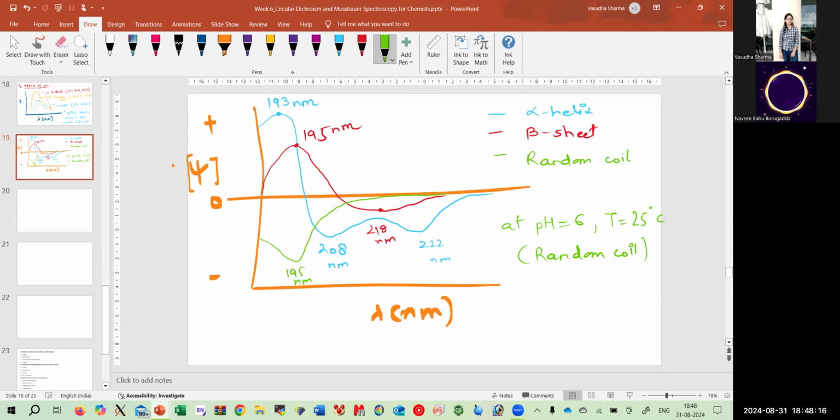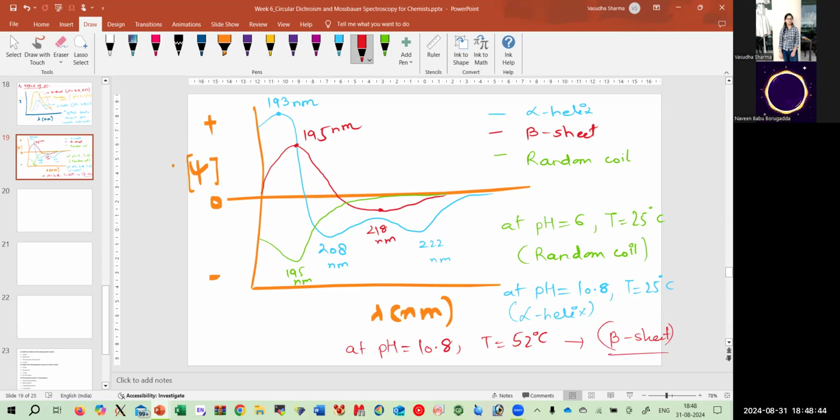At pH 10.8, when it is basic, and temperature is room, 25 degrees, we see alpha helix only, drawn in blue color. Whereas when the pH is 10.8, basic, but the temperature is higher, 52 degrees Celsius, it would give you a beta sheet, which has the two bands. So this gives you a clear-cut idea of how your spectra change at different pH and temperatures because of the change in structures, which was not possible in case of the optical spectra.